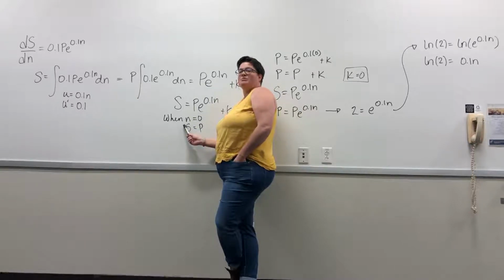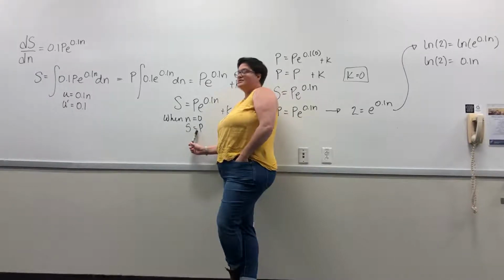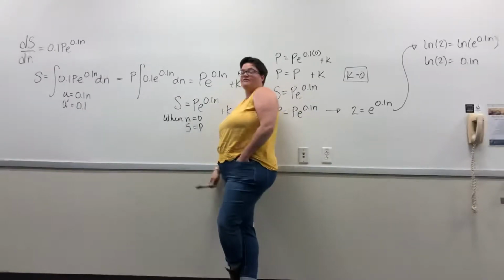At the moment you put the money into the bank, how much money do you have? All of it, P, your investment. So at the moment you put the money in, the number of years saved is 0, and you have P amount of money, whatever it happens to be.